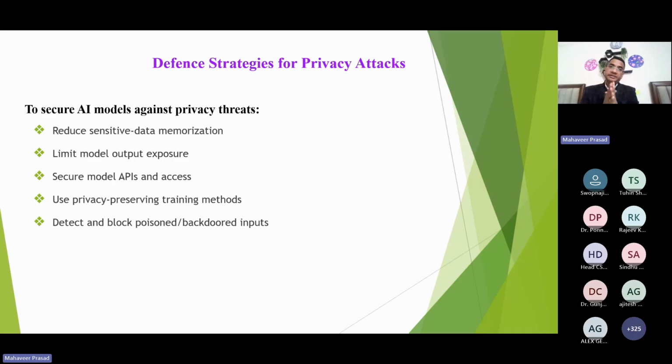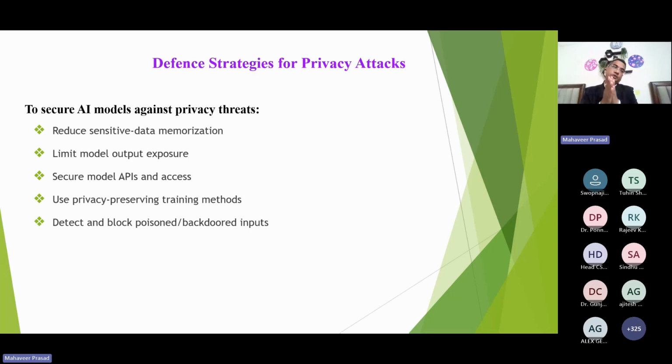Why are we using these defense techniques? To reduce sensitive data memorization so that we will not leak this data, limit model output exposure, secure model APIs and access, use privacy-preserving training models, and detect and block poisoned or backdoor input.